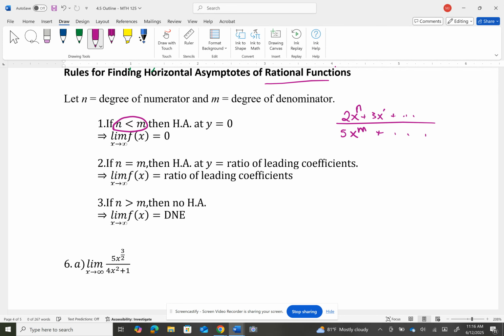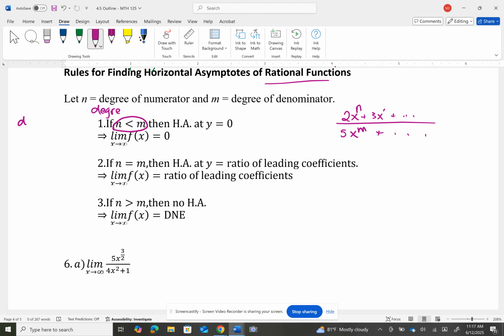So n is the degree of the numerator, meaning it's the term with the biggest exponent. m is the exponent for the term with the biggest one on the bottom. So it's the highest exponent. All right, so think about that. And this one is saying if the degree of the numerator is smaller, okay, so the degree on the bottom is bigger.